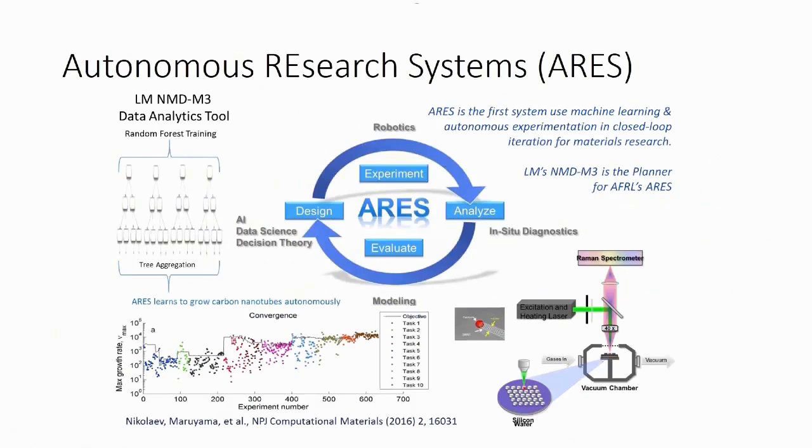He basically has an AI in control that's training and telling the system what laser power, what temperature, what gas flow to use next. From that, he's able to tune the growth rate of carbon nanotubes from something very noisy and highly non-optimized, through 600 experiments, to something that's increased the kinetics by 3 orders of magnitude over the worst performing value, all by itself, without human intervention other than to change the gases. That is amazing.